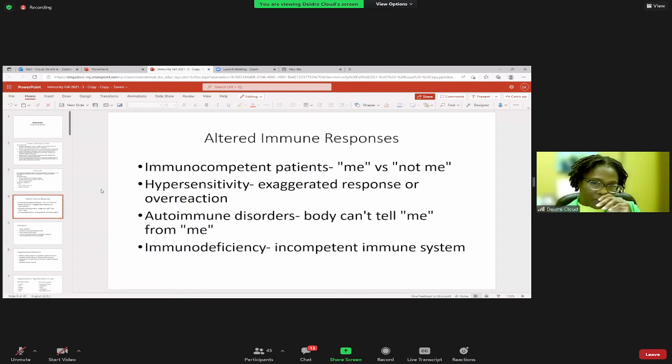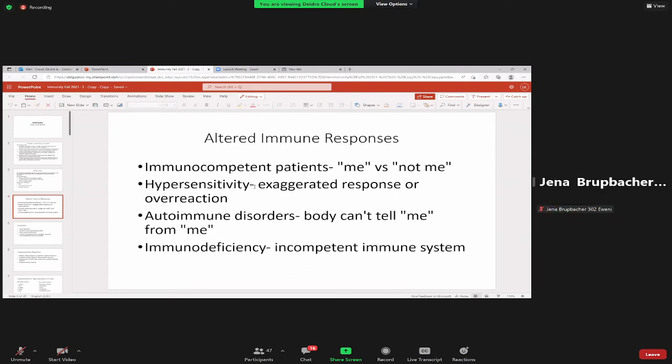Oh, I missed this. So autoimmune responses is, so in a perfect world, everyone will be immunocompetent, meaning that their body recognizes me versus not me, and it fights antigens that attempt to harm the body. In your hypersensitivity reactions, you get an exaggerated response or overreaction. Autoimmune disorders, your body can't tell me from not me.